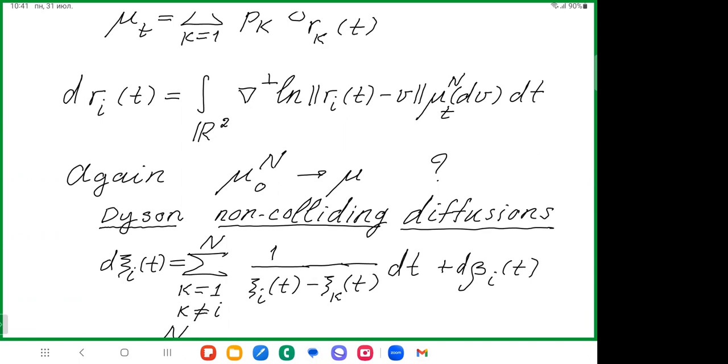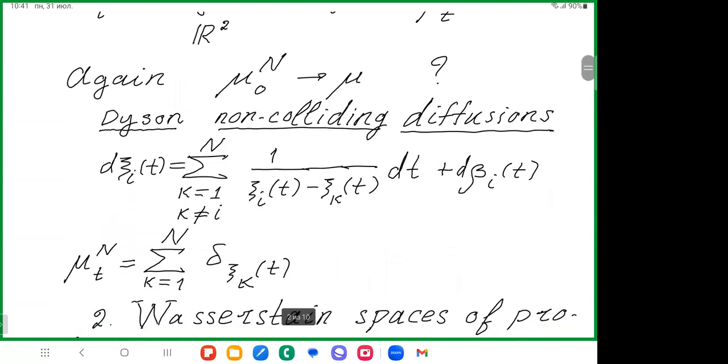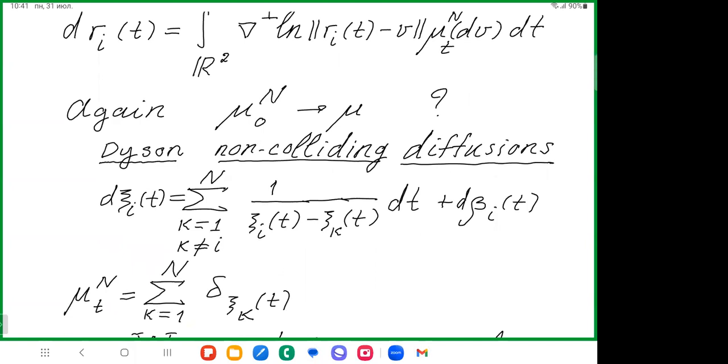So again, what happens if we introduce such a measure and say that the initial mass distribution approximates an arbitrary mass distribution? What will happen with our equation, what will happen with our solution, and so on.